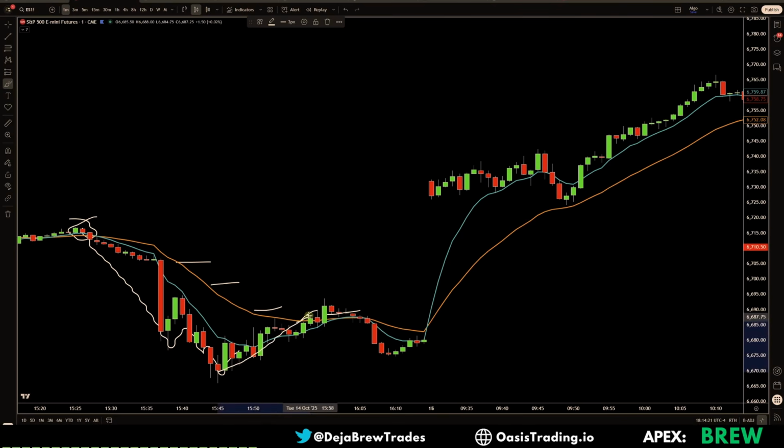And let's say it does start to hold above the 24 right here. It builds a nice cluster above that 24. But then you're like, I don't really like it. It's not really a strong cluster. I'm going to hold on and wait for a pullback, and we'll see if it goes back down. And then it breaks out to the upside again, and you're like, okay, all right, I made the wrong decision, but now I lost all my profit, so now I really don't want to close because I'm not going to make any money.